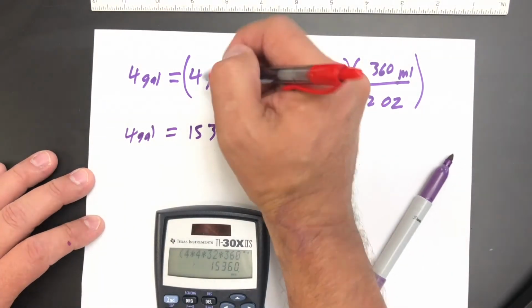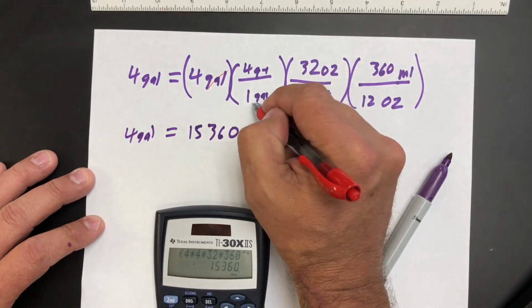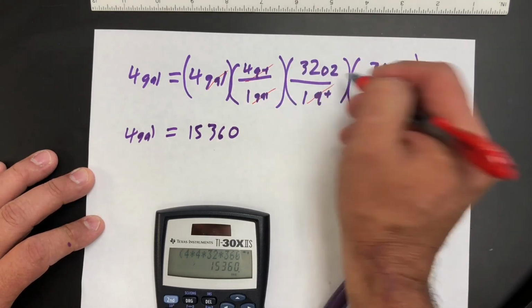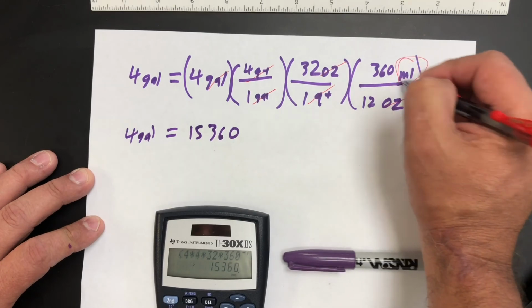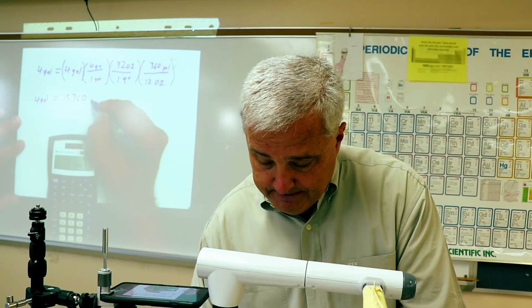Let's do our canceling. Gallons cancel with gallons, quarts cancels with quarts, ounces cancel with ounces, leaves us with milliliters.